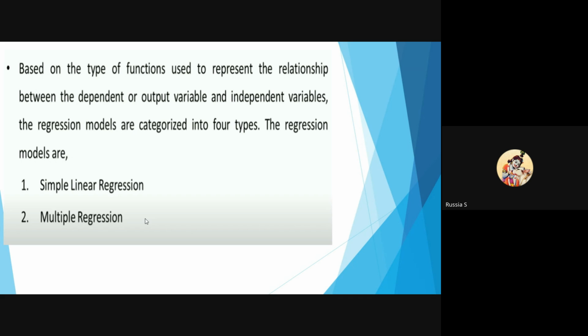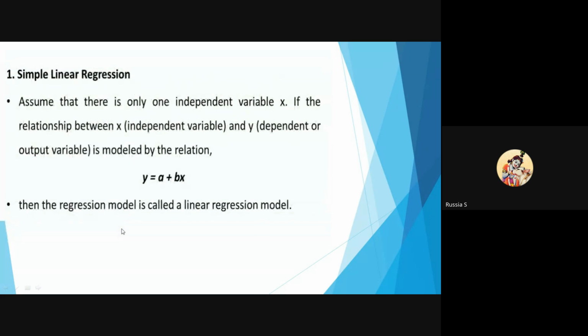There are a lot of regressions, but in our case, we have selected multiple regression. Simple linear regression assumes that there is only one independent variable x, in the relationship between x, the independent variable, and y, the dependent, target or output variable. In either way, dependent, output, target are all the same.